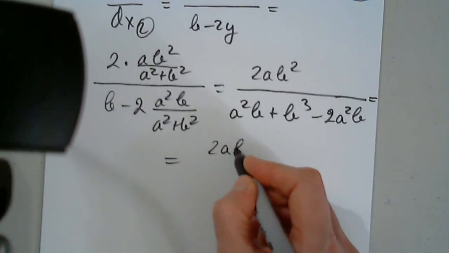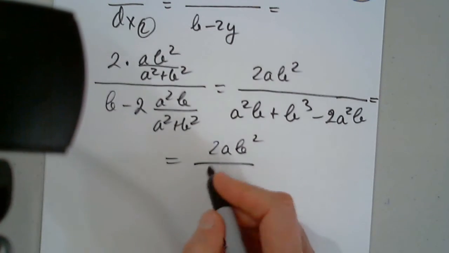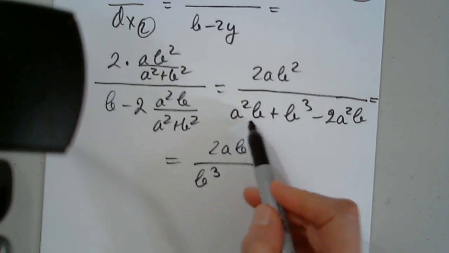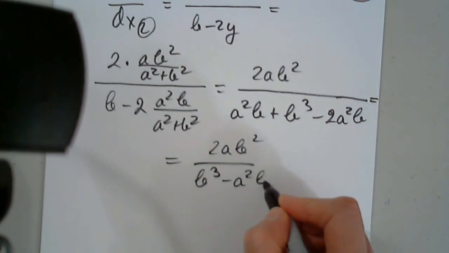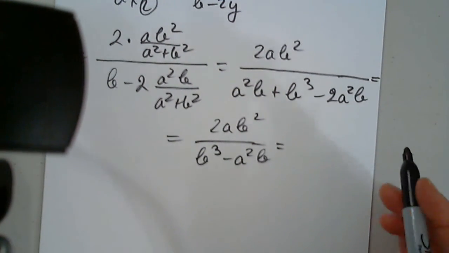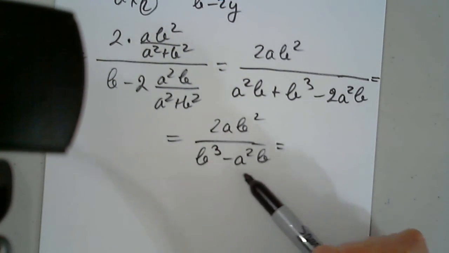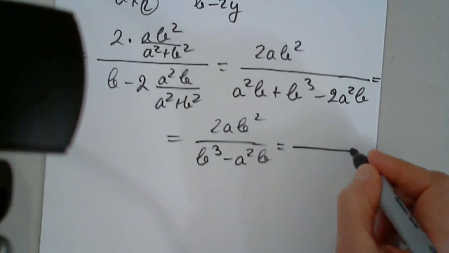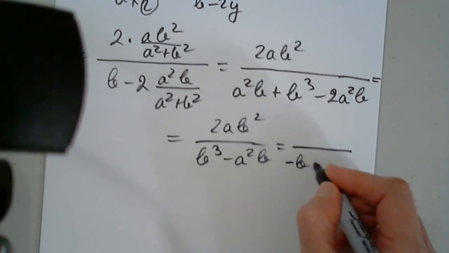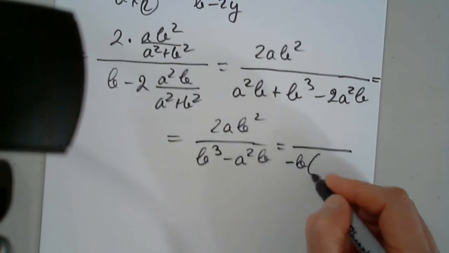So the top is still 2ab squared. Here I have b cubed and minus a squared b. I will factor out in the denominator negative b, and I have a squared minus b squared.